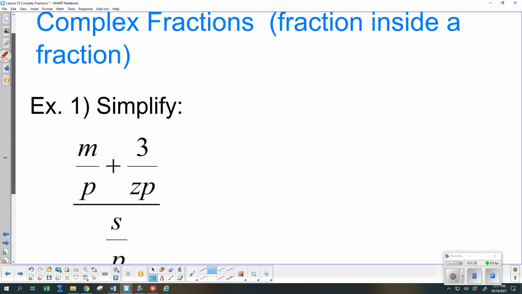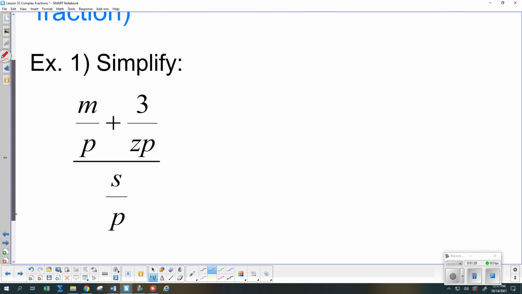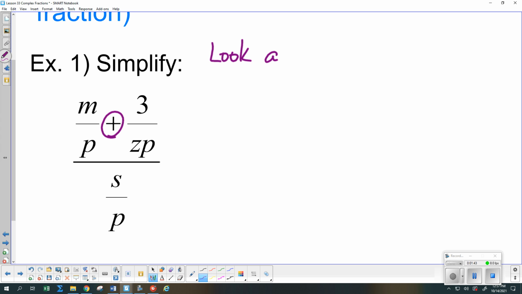So, when we have something messy like this, it's messier than what you've done before because of this plus sign in the middle of that numerator. The most efficient way to simplify these is to look at all of the little denominators.